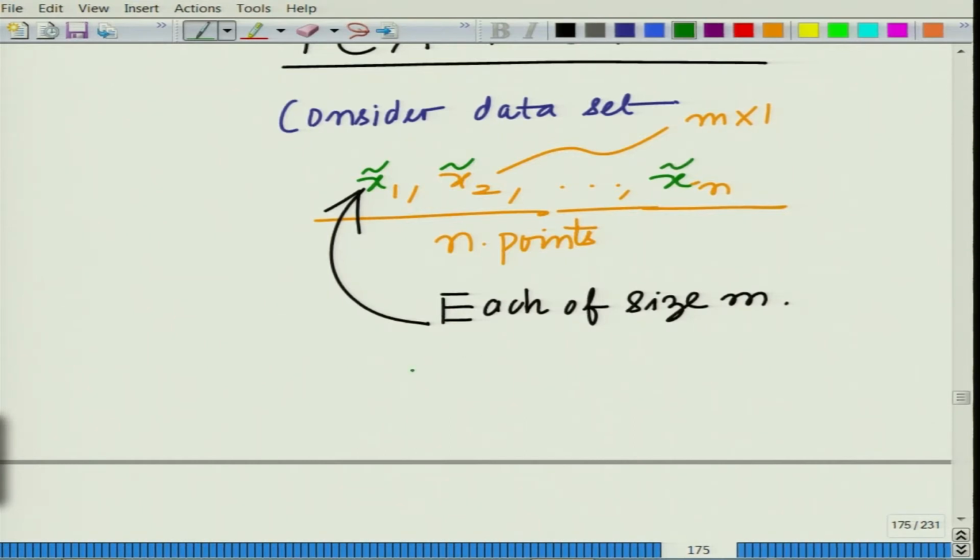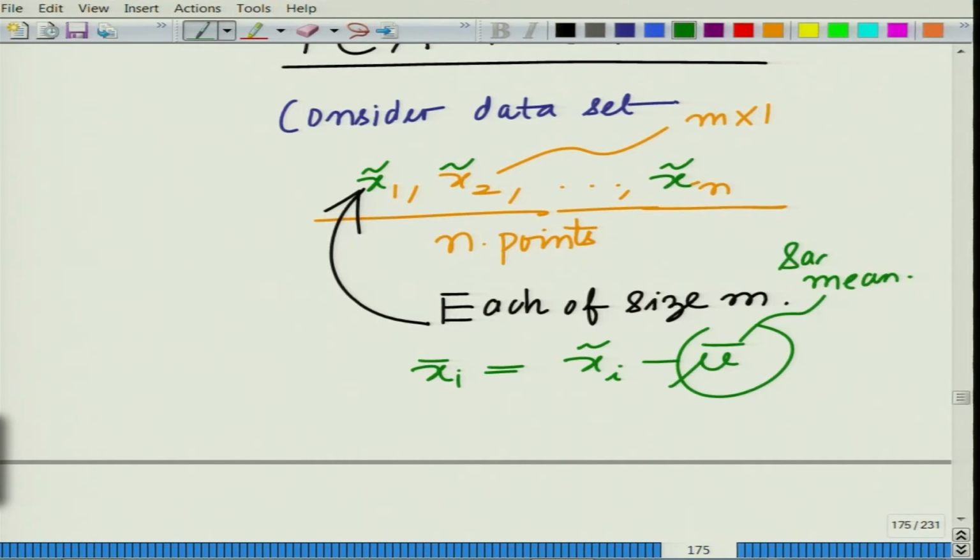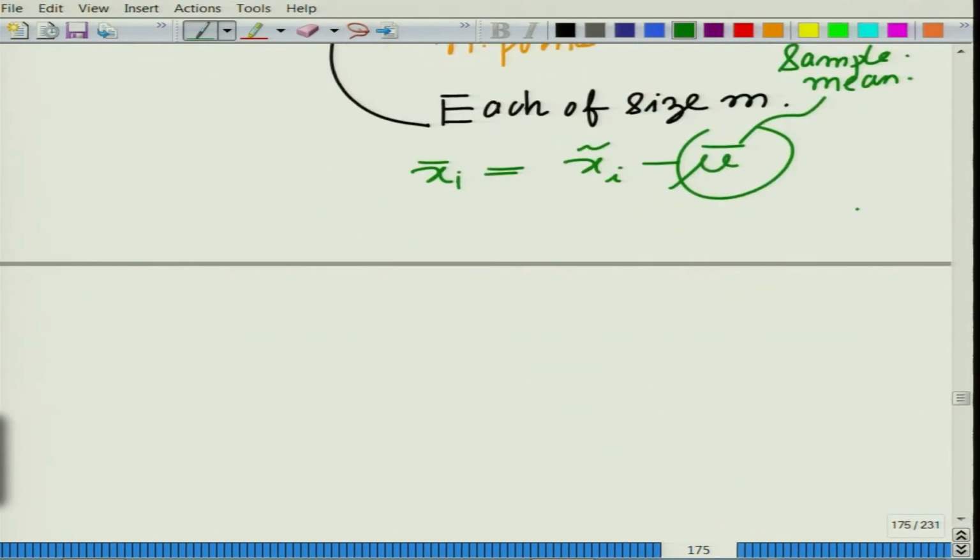Then you remove the mean to obtain x bar i equals x tilde i minus mu bar, where mu bar is the sample mean, which we have to estimate: mu bar equals 1 over n summation i equal to 1 to n x i, alright.